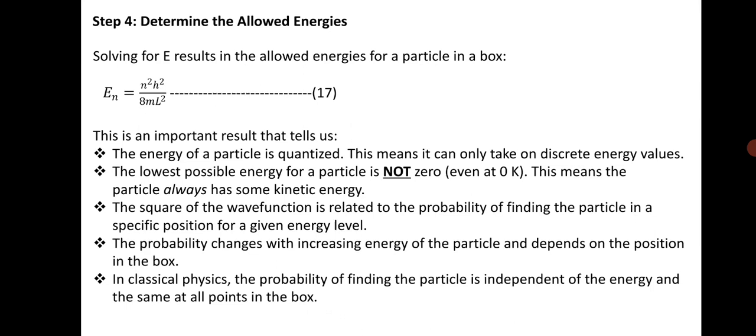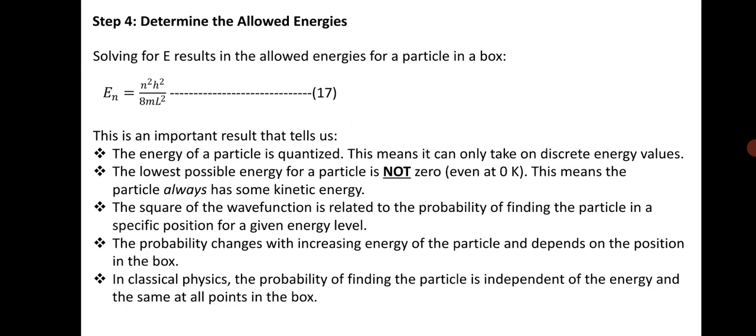Now, from this equation 17, you will come to some important results. It says that the energy of the particle is quantized inside the box, that is, the particle in a one dimensional box. It means the energy can be discrete for the particle inside the box. The lowest possible energy for a particle is not zero.